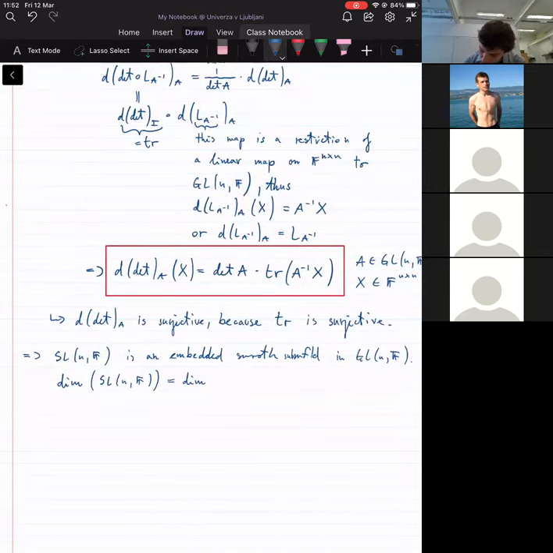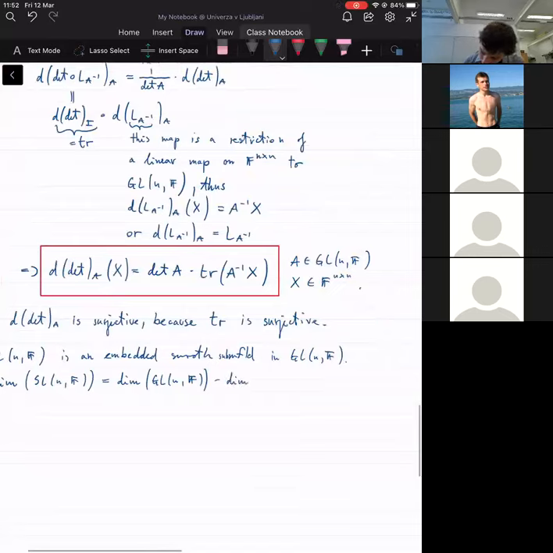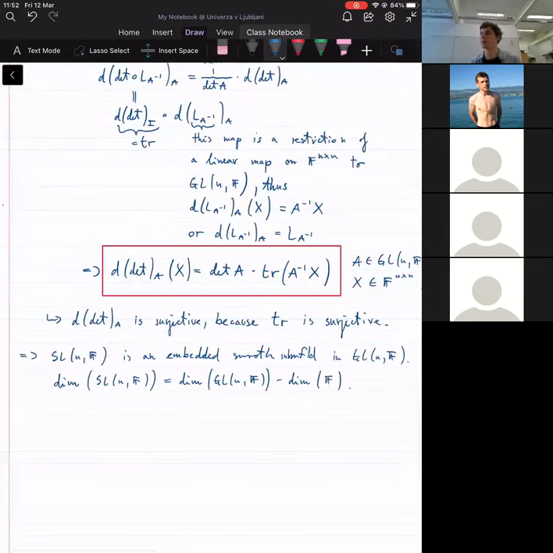Yeah, well, we just utilize the formula, right? Dim of GL_n F minus dim of F. But this is the real dimension, not the complex dimension, of course, right?